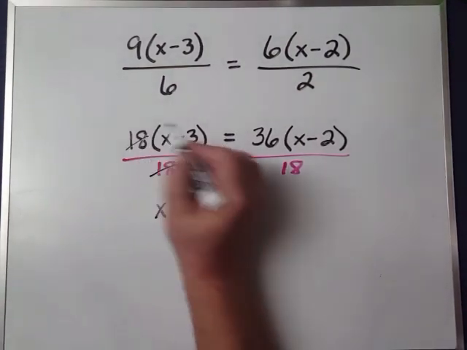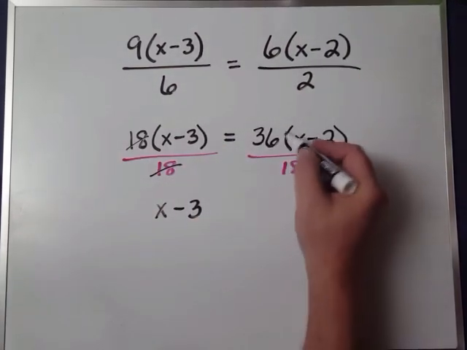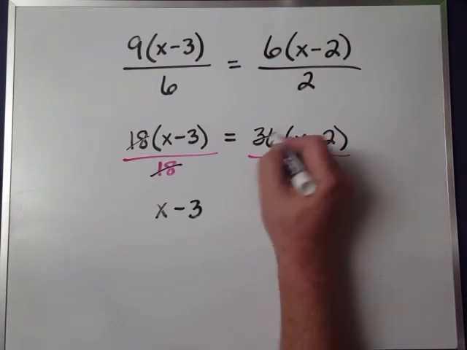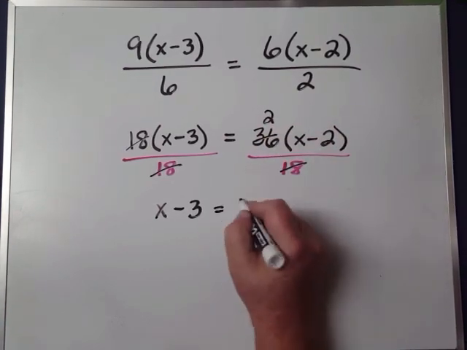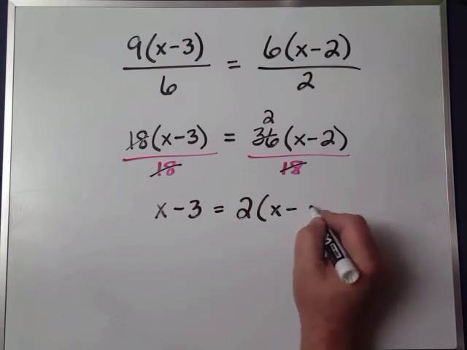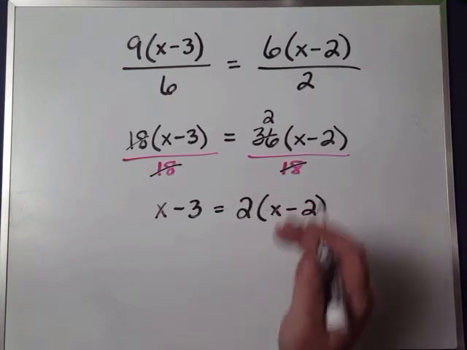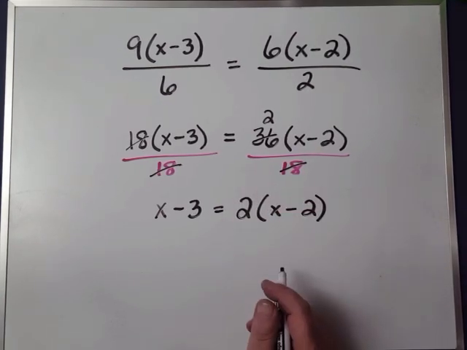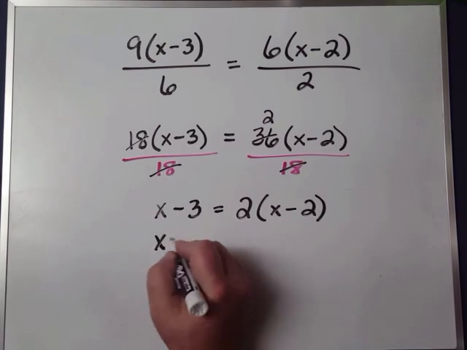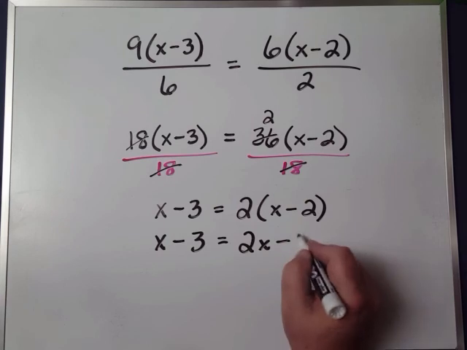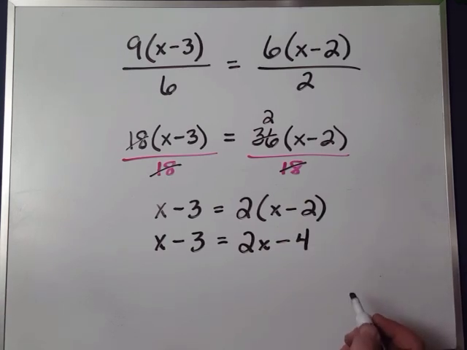In other words, those cancel. On this side, 36 over 18 is 2. I like that a lot better. So if I notice something like that, I can jump right on it. Nothing wrong with the other method, but it did provide us with some numbers that turned out to be larger than really we needed.